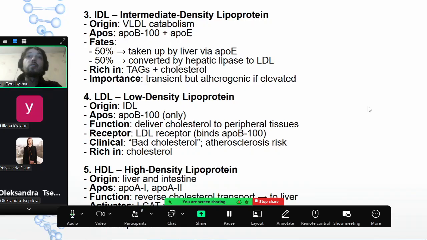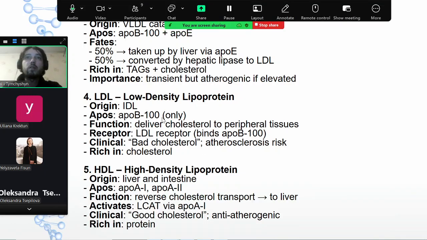IDL and LDL originate as the result of catabolism: VLDL are catabolized to IDL, and IDL may be catabolized further, and then they give you LDL.